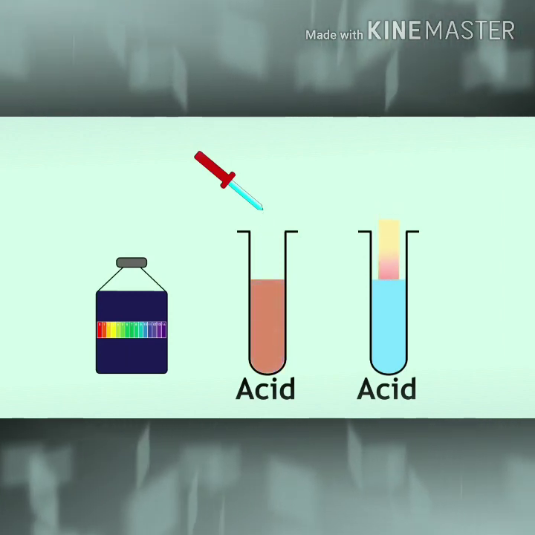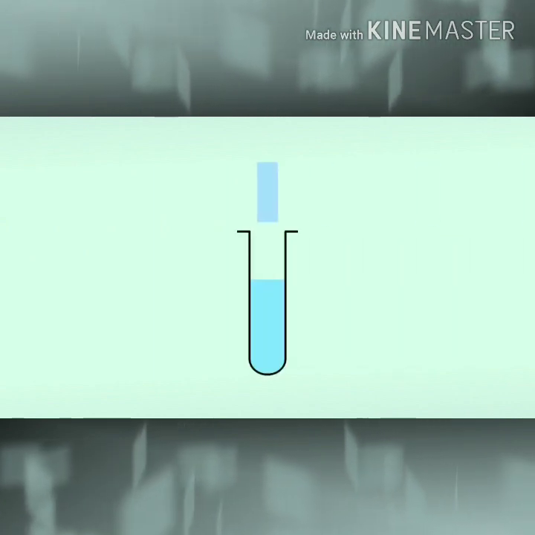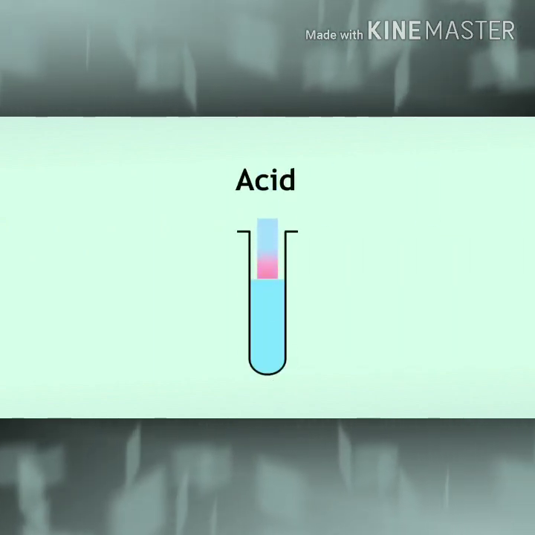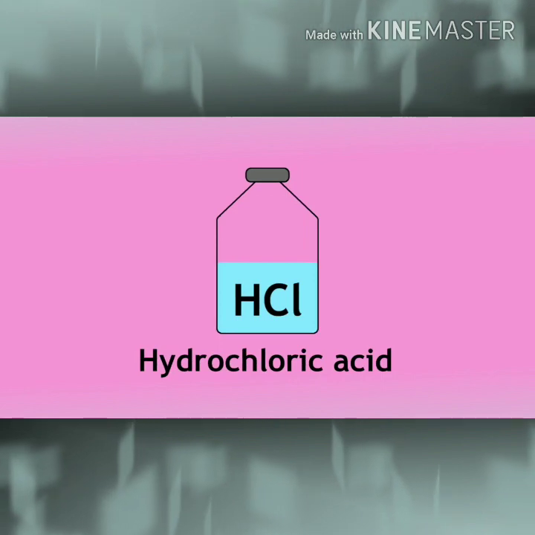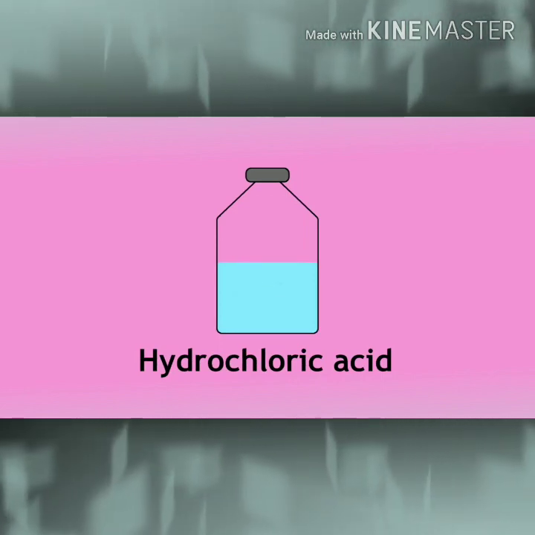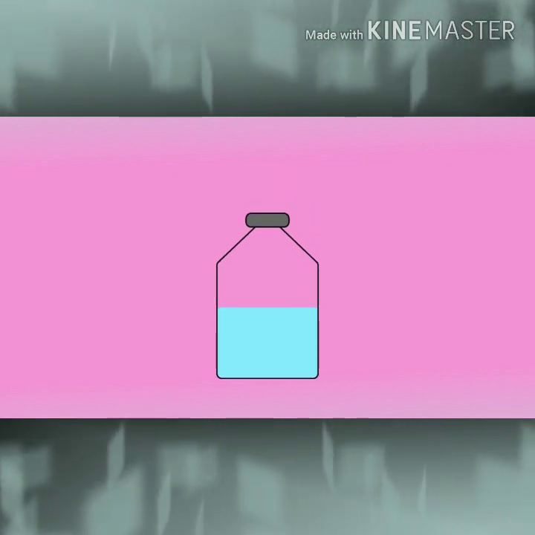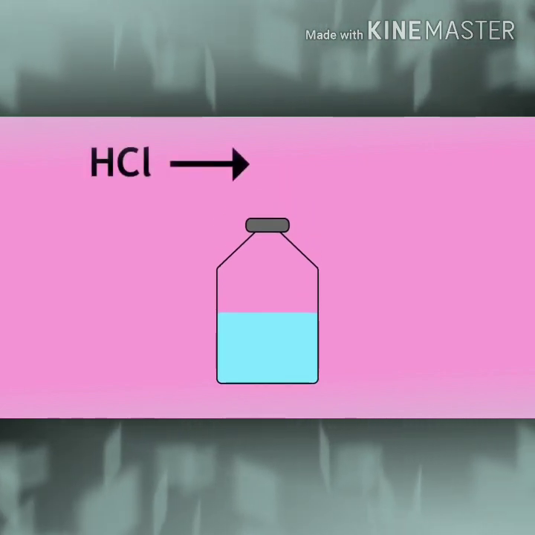We can test the acid by using universal indicator or by the help of litmus paper as well, which turns orange or red depending upon the strength of the acid. Blue litmus paper also turns red in presence of acid. For example of an acid you have here hydrochloric acid, right?